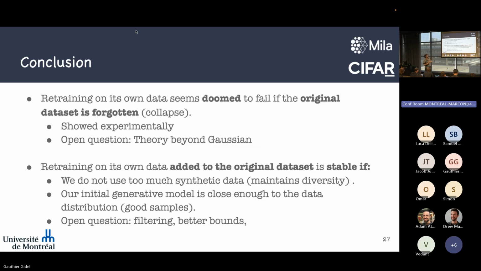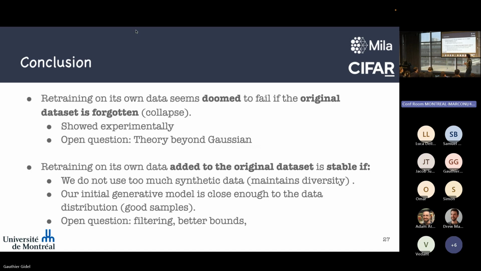One open question is to prove that variance is collapsing in general if you don't re-inject real data. But the point of this paper was to argue that if you add the original data set to the generated data, you maintain stability under the condition that you do not use too much synthetic data and that our initial generative model is close enough to the data distribution.